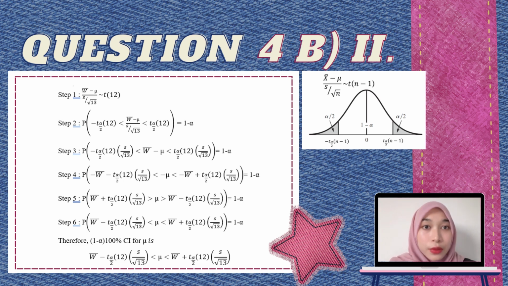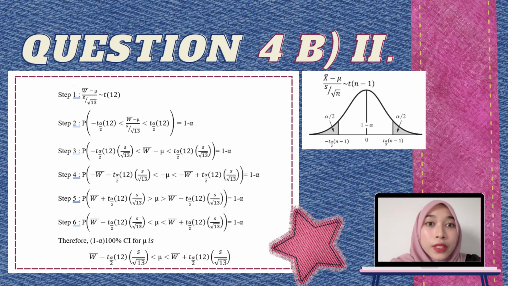That's why we use the T distribution. So this question is to find a range of values where the true population mean, mu, is likely to fall with a confidence level of 1 minus alpha times 100%.